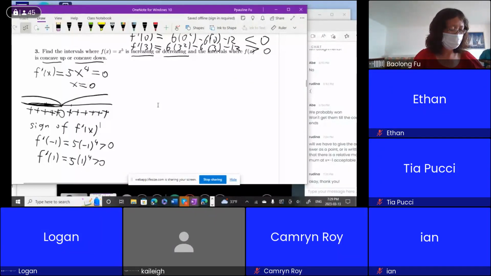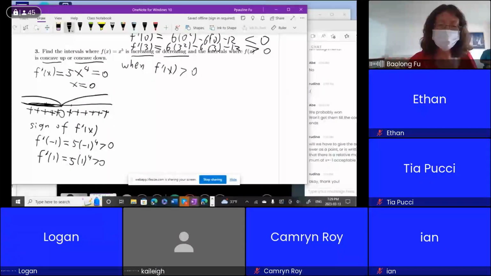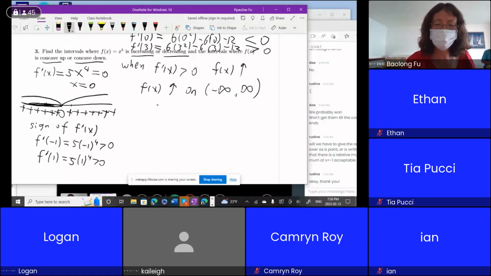And now we can answer the question. When the derivative is greater than 0, f(x) is increasing. So we have the sign of the derivative all positive. Our conclusion: f(x) is increasing on all the real numbers, from negative infinity to positive infinity, or you can say on R, doesn't matter.